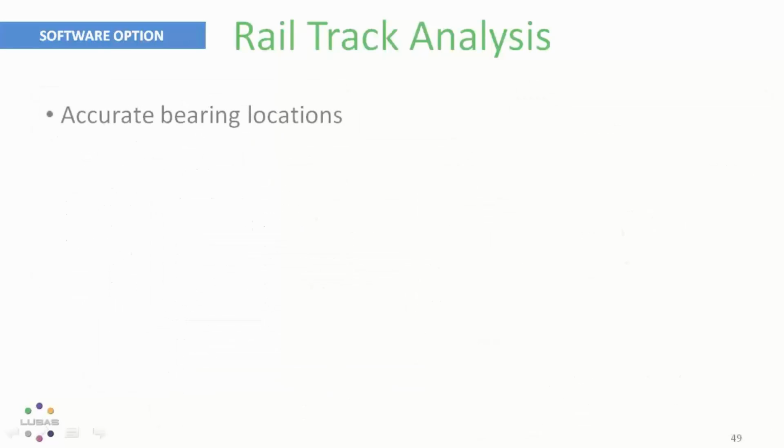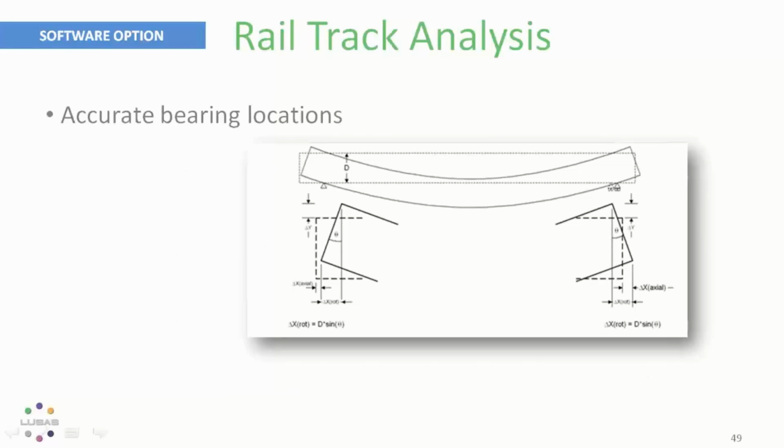Improvements in version 19 here now allow the location of bearings inboard of the deck ends, leading to a more accurate representation of the deck and rail system, and also allow the definition of multiple train loading groups, making the consideration of many train configurations much more efficient.